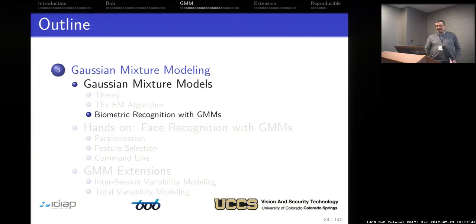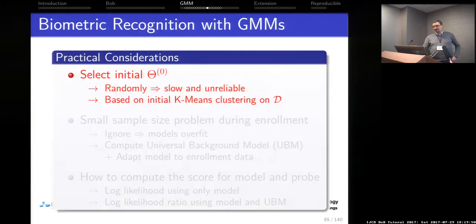Okay, there are some practical considerations for using GMMs in biometric recognition. What I have skipped right now is the initialization. Which weights, means, and variances do we actually use as the initial values for the GMM?